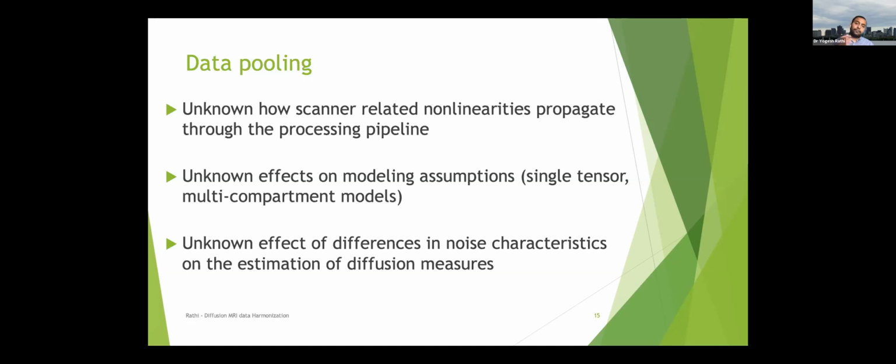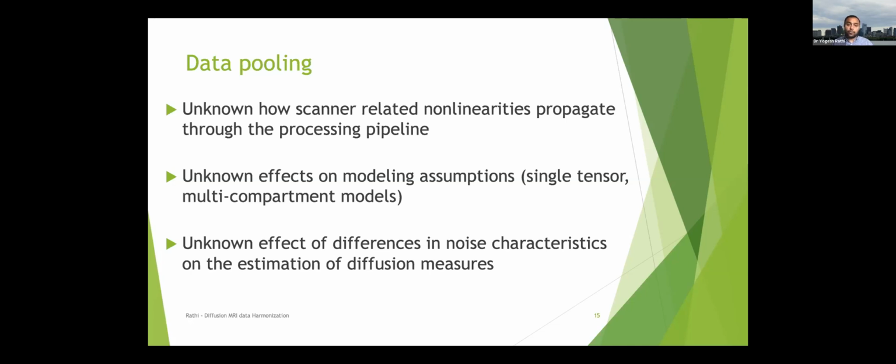But what happens if two different processing pipelines are used? Would you get the same results from ComBat, for example? That's a question, because you're making so many design choices. As you've seen in many presentations, you have to make design choices or processing pipeline choices, and depending on what choice you make, things can be different.